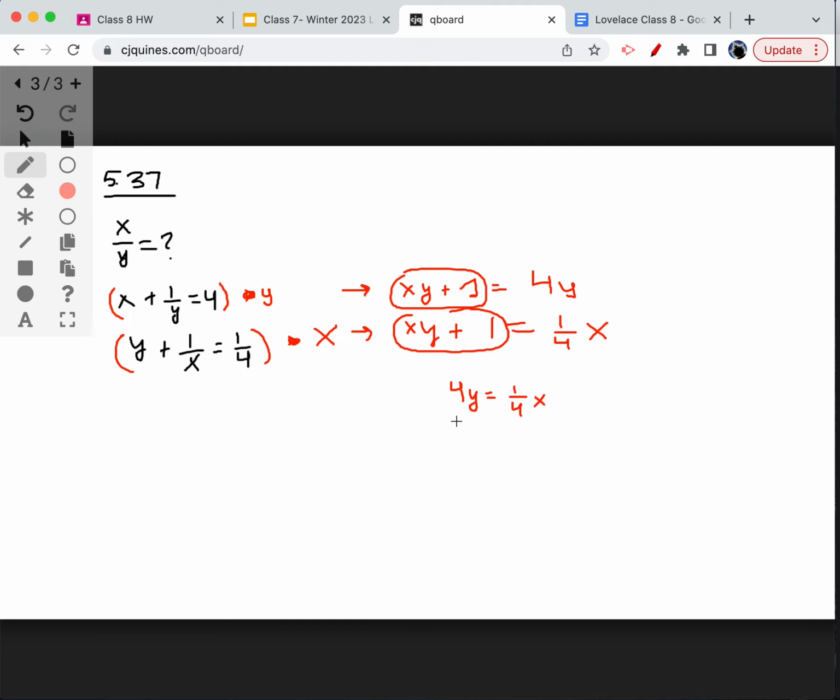So now divide both sides of the equation by y. So we have 4 equals 1/4 times x over y. And so 16, which is 4 times 4, is equal to x over y. So the answer is just 16.